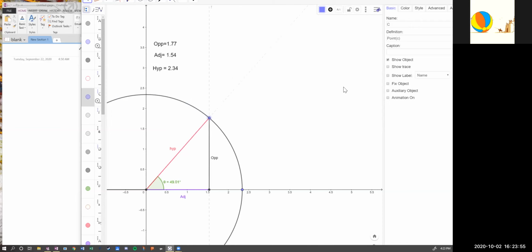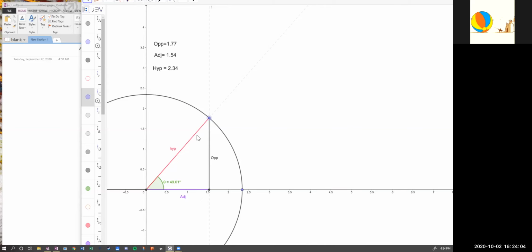So gosh, even with just that, we can kind of take all of these arguments based on hypotenuse, the hypotenuse of this right triangle is really just the radius of that circle. So instead of calling it hypotenuse, how about we call it radius?